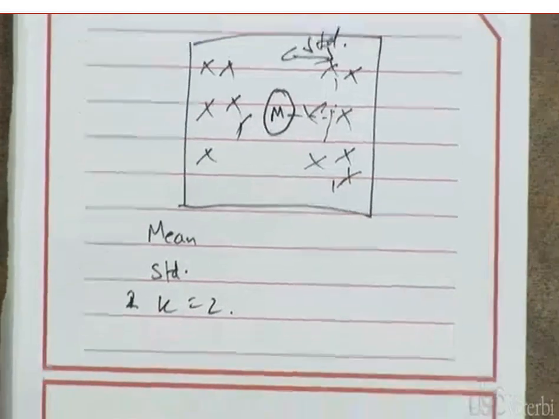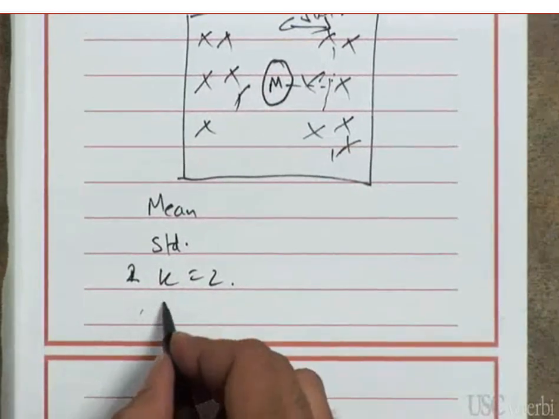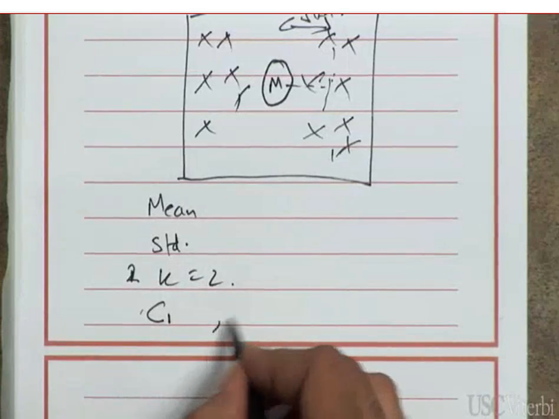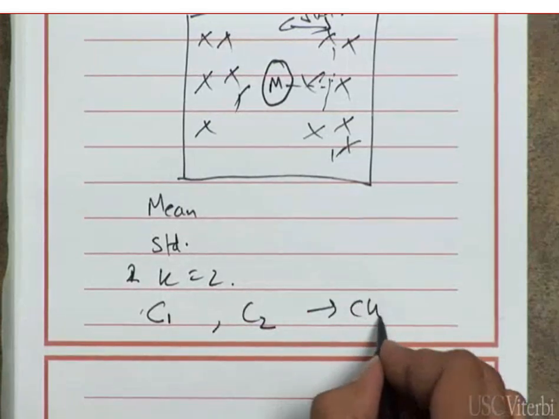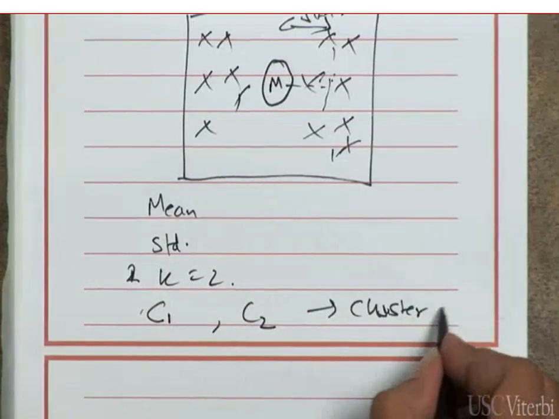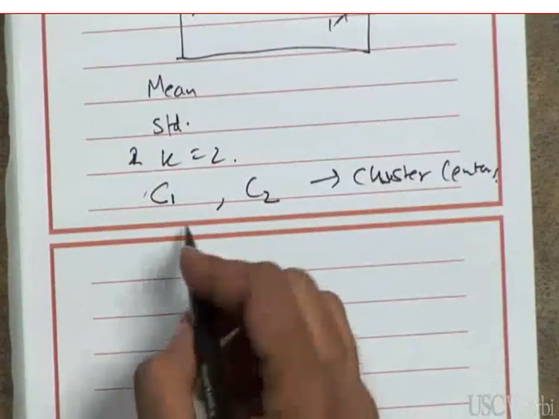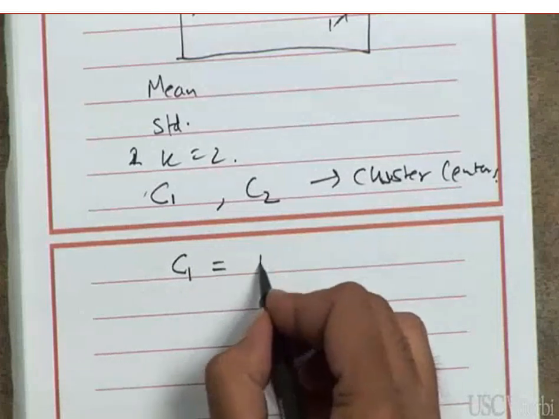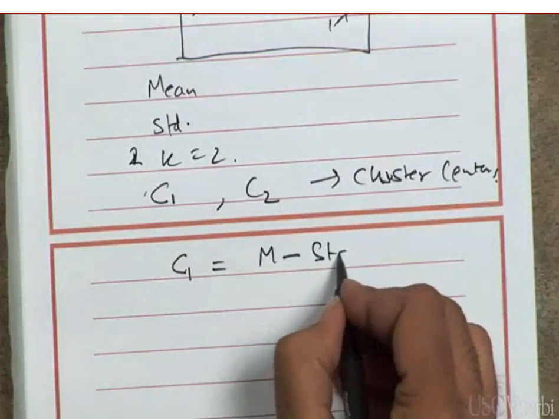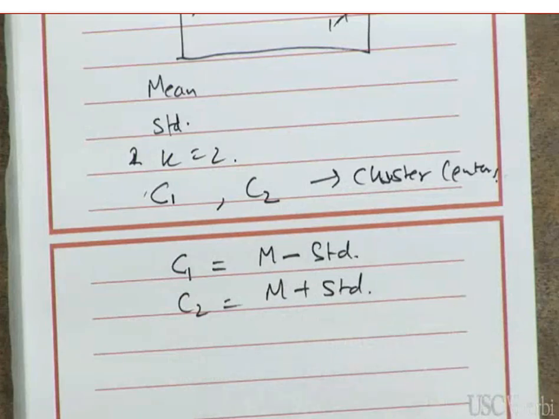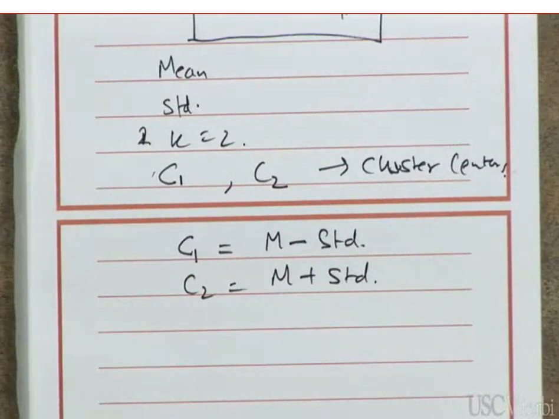So what will I do? I'll take 2 cluster centers, C1 and C2. So let me assign C1 as mean minus the standard deviation and C2 as mean plus the standard deviation. Okay? This is how I want to initialize my clusters.